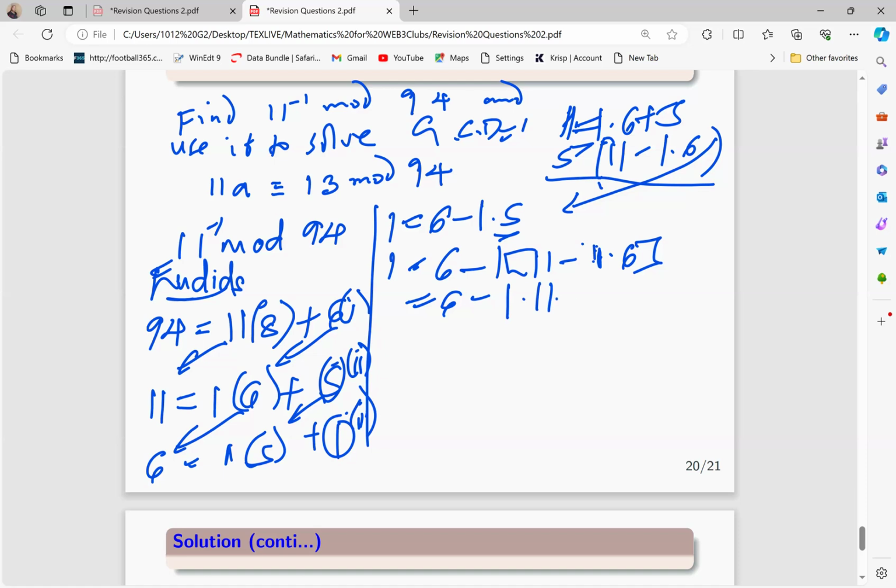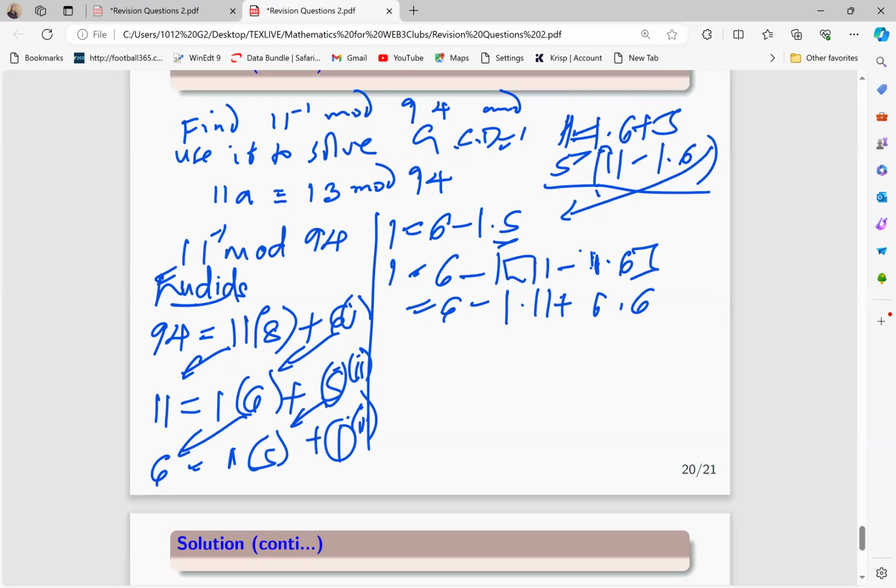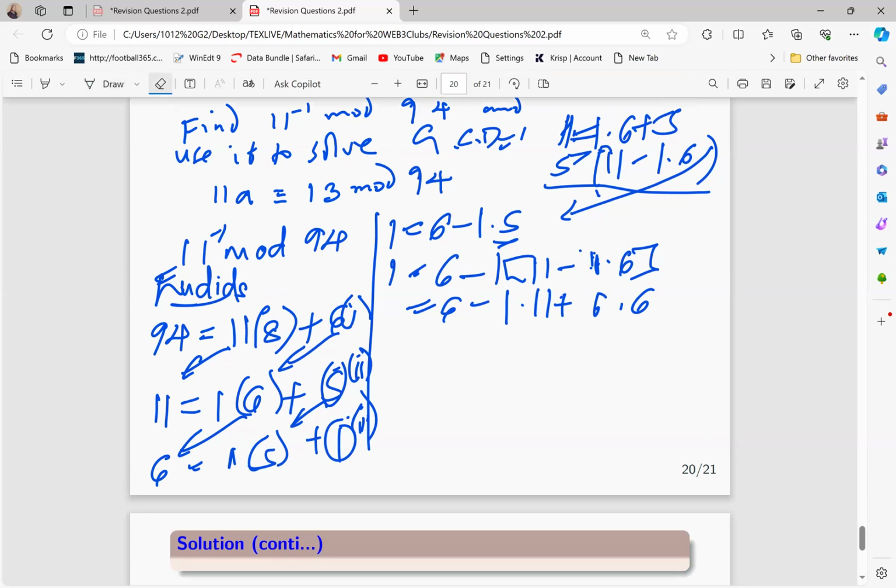Then minus, this one negative 1, so it becomes plus. So it becomes 6 times 6, I guess. Oh, it's 1. Okay, so it makes sense. And here it becomes 1.